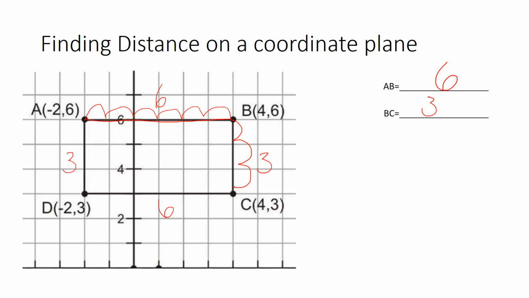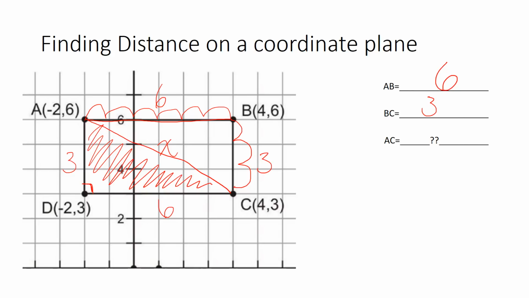But what if we wanted to find the distance from A to C? Well, that's a little trickier when we're looking at a grid because we don't have a way to measure these diagonals that are cutting through these boxes. But some of you might recognize that I have a right triangle here, so a way that I could find the distance from A to C is if I set this up as a right triangle.